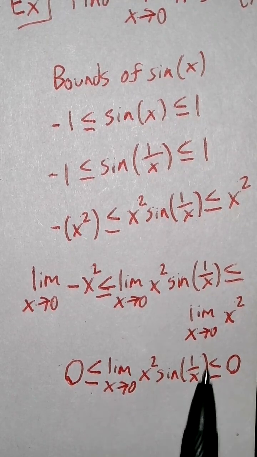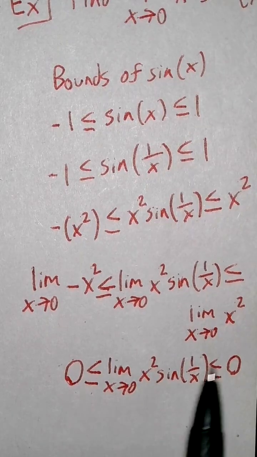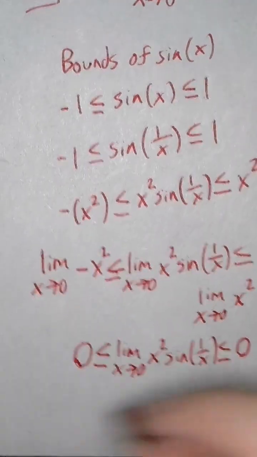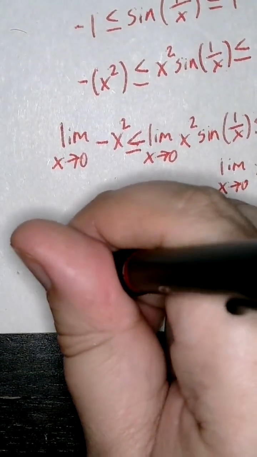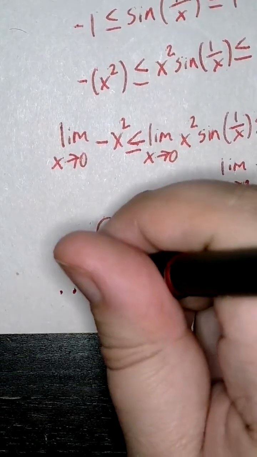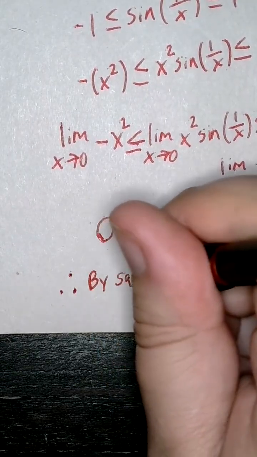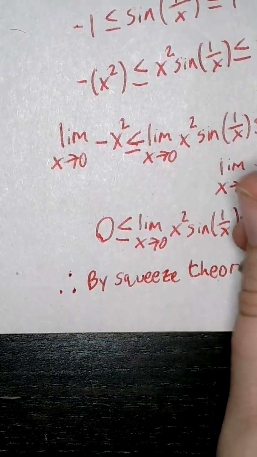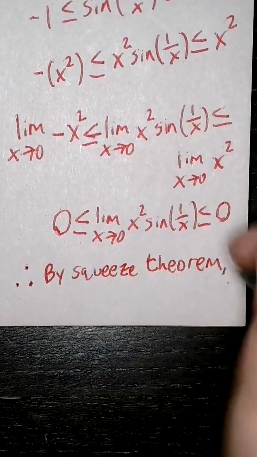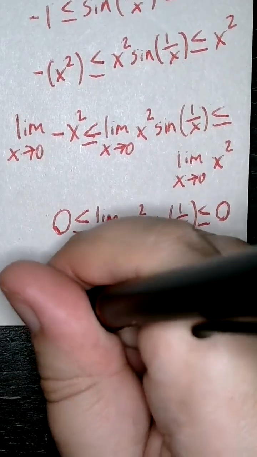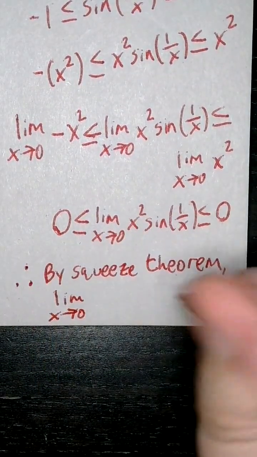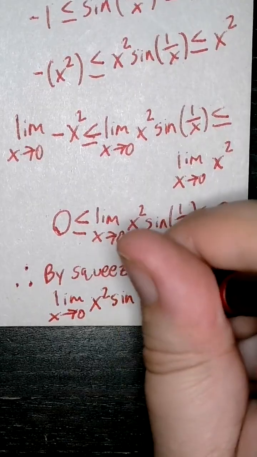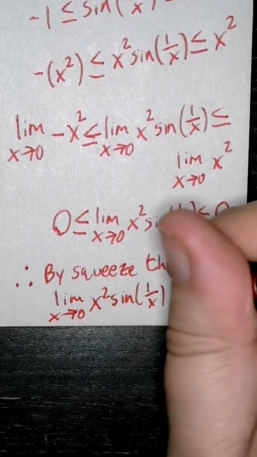And here, because I have 0 at either end of my compound inequality, I'm going to write my 3 dots in their triangle formation by squeeze theorem. Limit as x approaches 0 of x squared times sine of 1 over x is equal to 0.